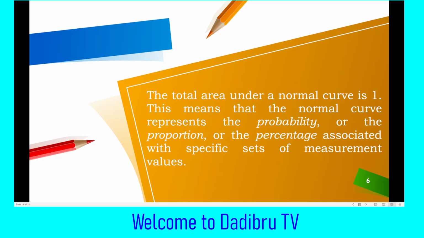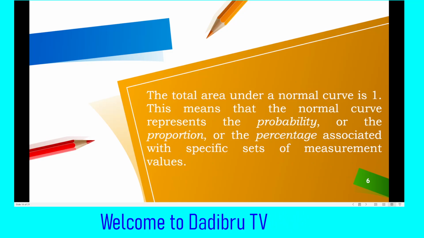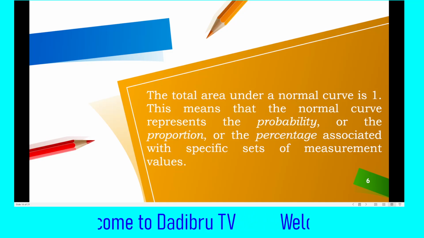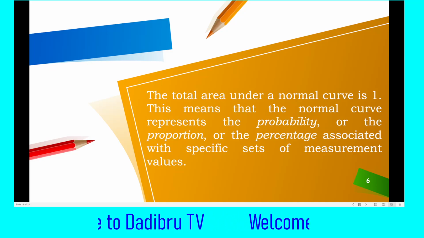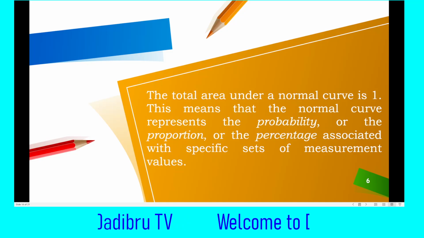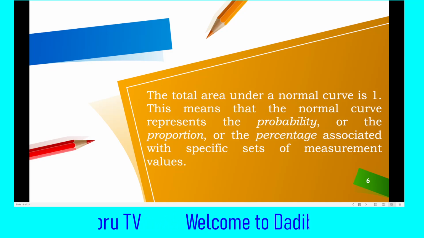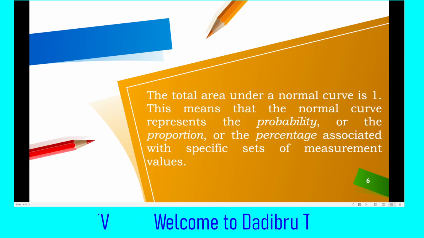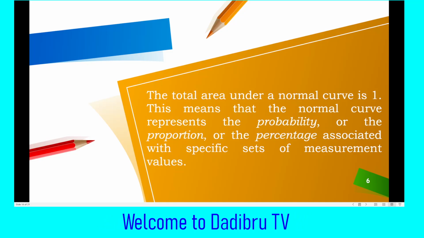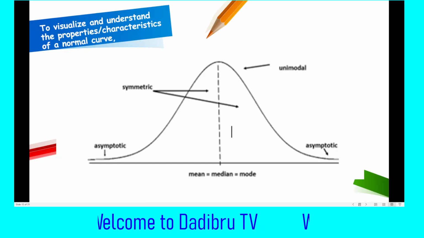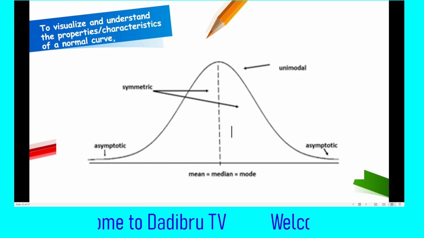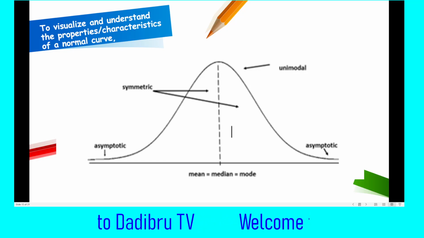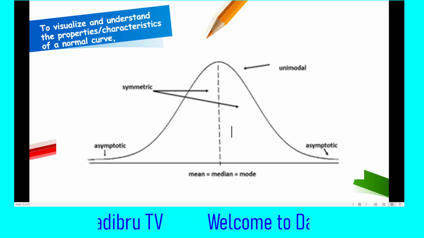The total area under a normal curve is 1. It means that the normal curve represents the probability, proportion, or percentage associated with specific sets of measurement values. To visualize and understand the properties of a normal curve, please refer to the figure.